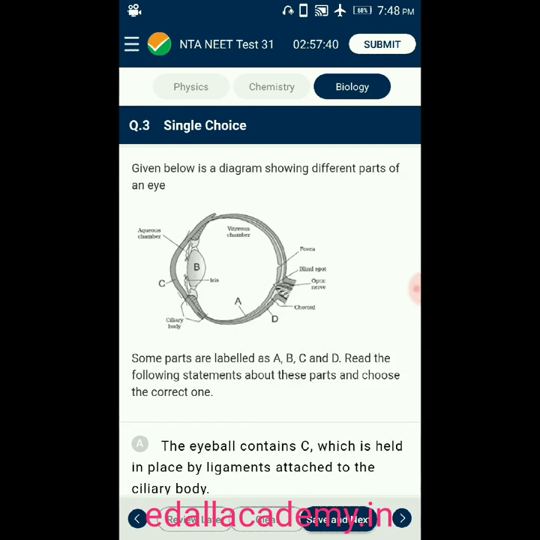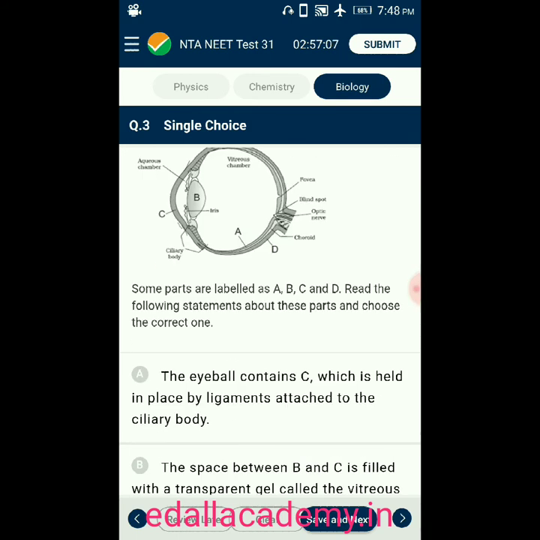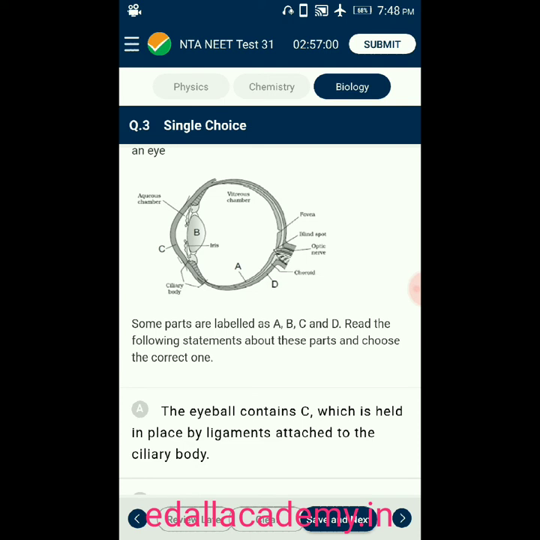Question number 3. Given below is a diagram showing different parts of an eye. Some parts are labeled as A, B, C and D. Read the following statement about the parts and choose the correct one. A represents retina, B represents lens, C represents cornea, D represents sclera. The light rays in visible wavelength focused on the retina through the cornea and lens generate potential, generally called impulses, in the photoreceptor cells, rods and cones.